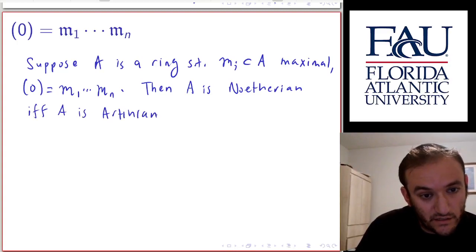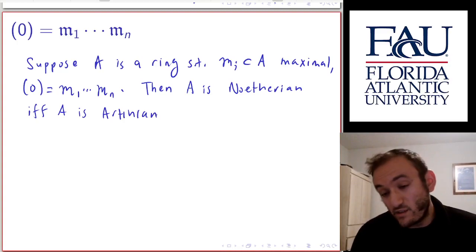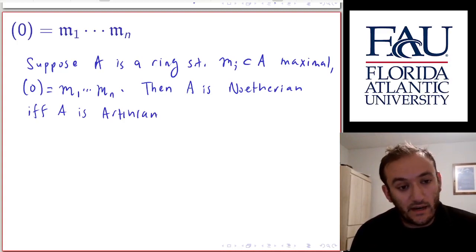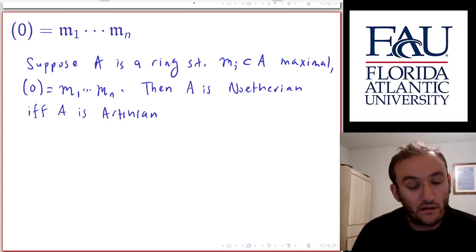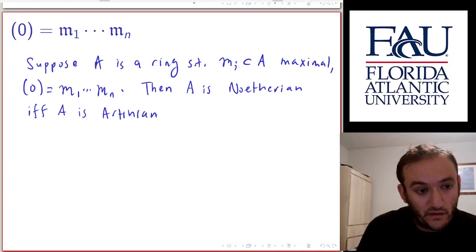And the key here is to use the fact that it's equivalent for a vector space to be Artinian or Noetherian.